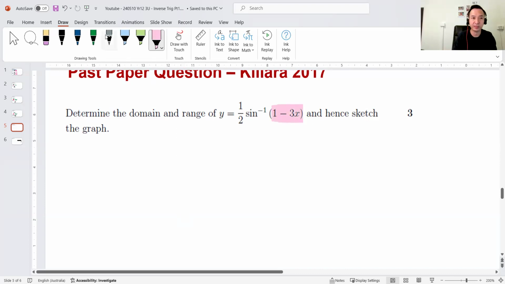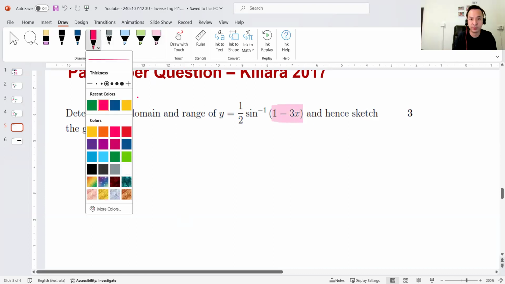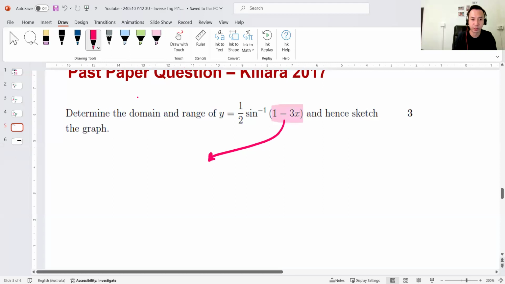So in this one, step 1, for the domain, put 1 minus 3x between -1 and 1. Yeah, this line inverse again, right? So then minus the 1, so -1, that becomes -2, and it becomes 0.